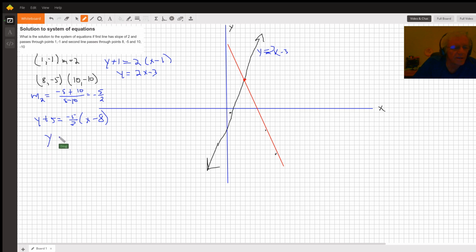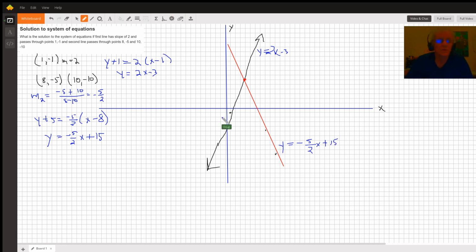So I'd have y equals -5/2 x. -5/2 times -8 is positive 20. But then I have to subtract the 5. So that would be plus 15. So the equation of this red line is y equals -5/2 x plus 15.